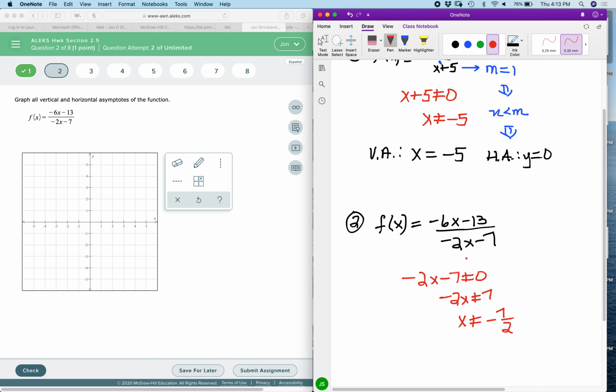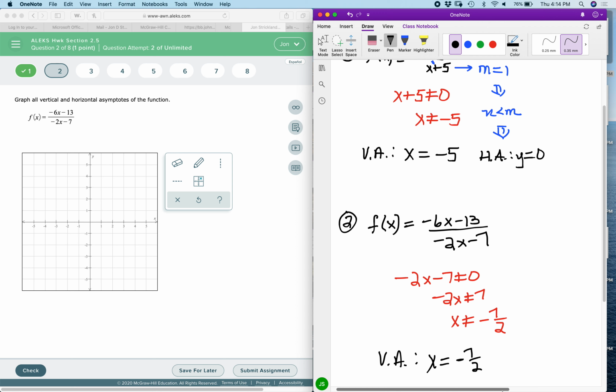Since negative 2x minus 7 is not a factor of the numerator, this expression is already in simplest form. So we'll have a vertical asymptote where this exclusion is, at x is equal to negative 7/2.